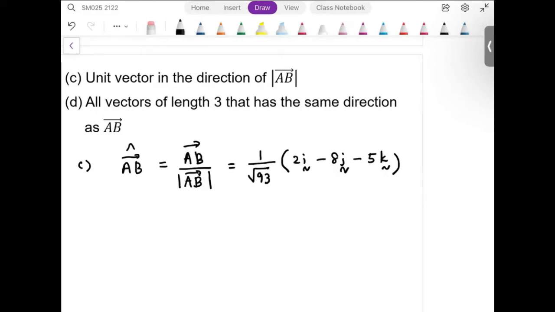Or kalau nak expand satu-satu, jadi 2 over surd 93 i minus 8 over surd 93 j minus 5 over surd 93 k pun boleh, tak ada masalah lah. Okay, so dua cara, sama ada nak buat 1 over magnitude times with the vector itself ataupun awak nak tulis satu-satu, kembangkan awak punya magnitude tu, tak ada masalah kat situ.